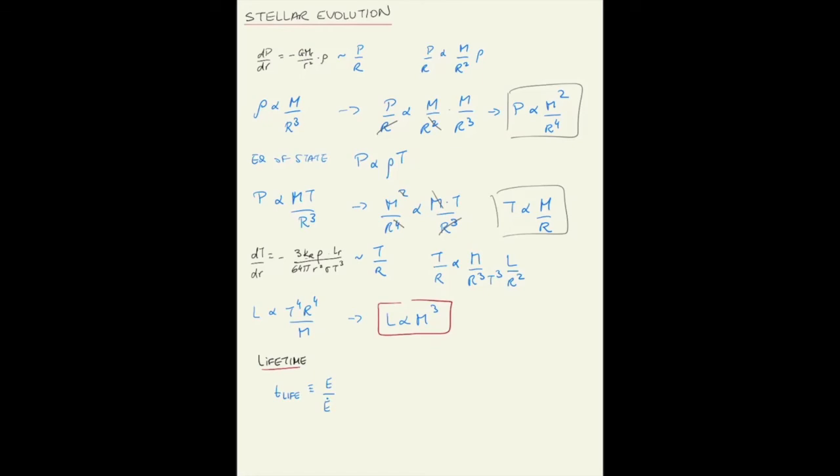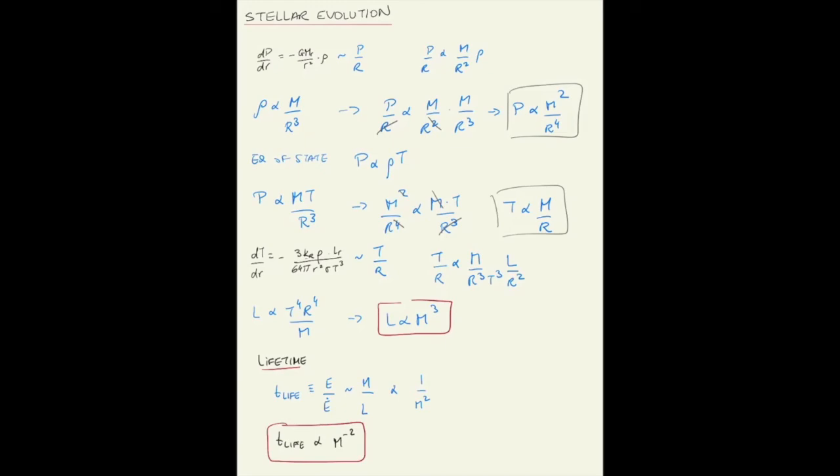The energy, you can say, is proportional to the mass of the star, and E dot is the luminosity. So as a crude approximation, this is the mass over the luminosity. Now, because the luminosity was proportional to the cube of the mass, this is proportional to 1 over M squared. You find that the lifetime of a star is inversely proportional to the square of its mass.